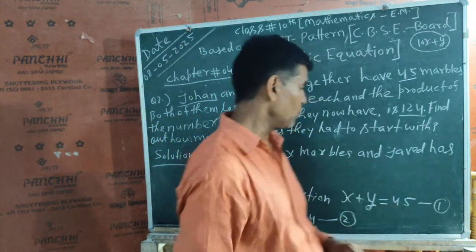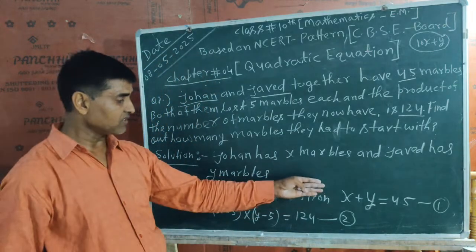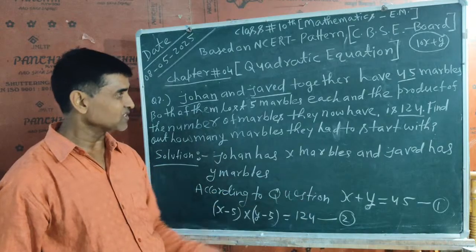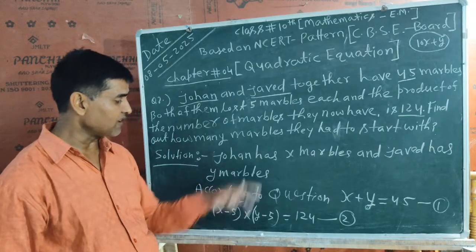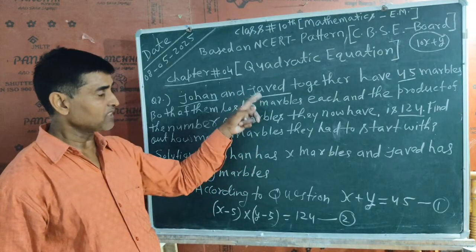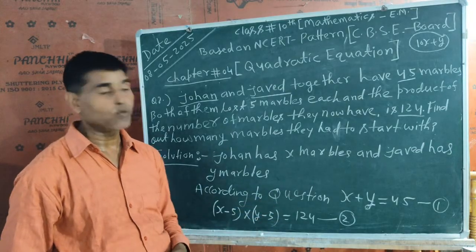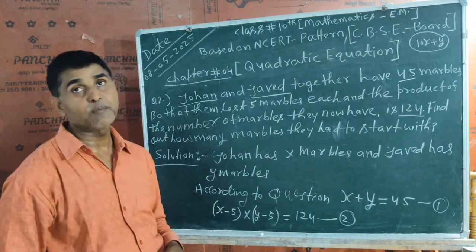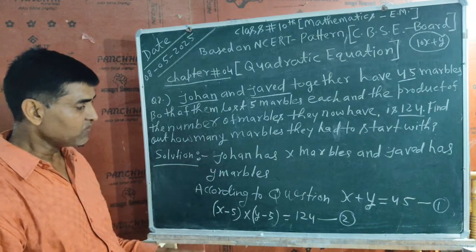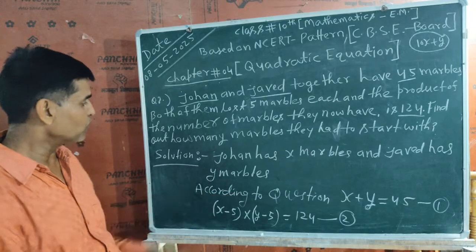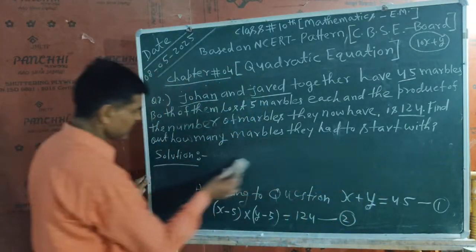I will make a quadratic equation and solve it with the quadratic method. After solving I will get the value of x and y, and that will be the answer to my question. So you concentrate on this live video and look at how I am going to solve this. Now here I have to get only the value of x and y.